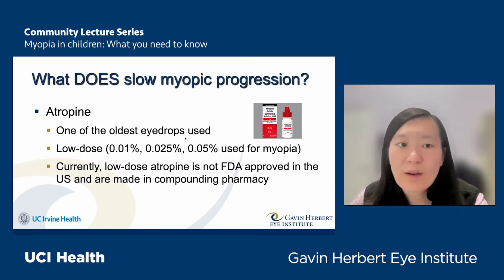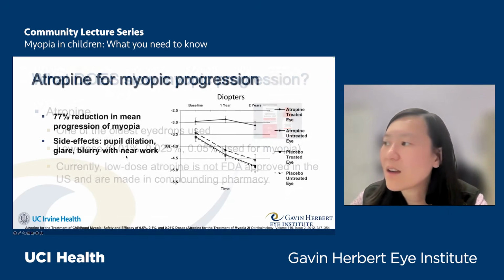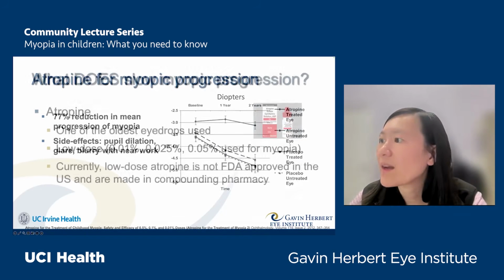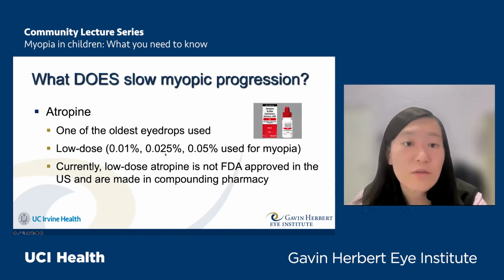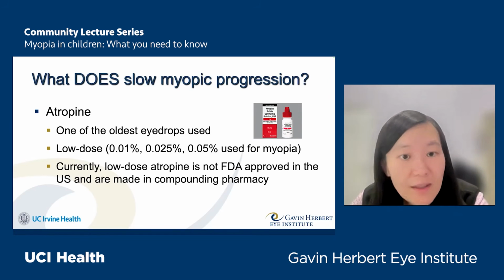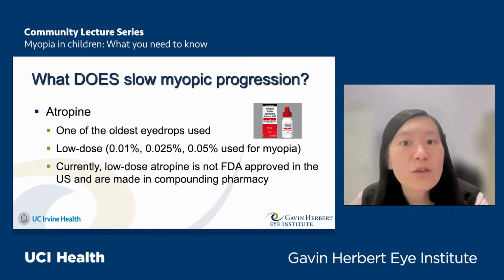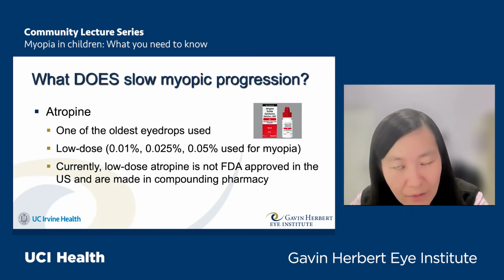So currently, in the literature, there are 3 doses that we use. We have the 0.01%, 0.025%, and 0.05% for myopia. Currently, this is still not FDA approved. And so if you want to get this medicine, you have to ask one of us to send it to a compounding pharmacy.